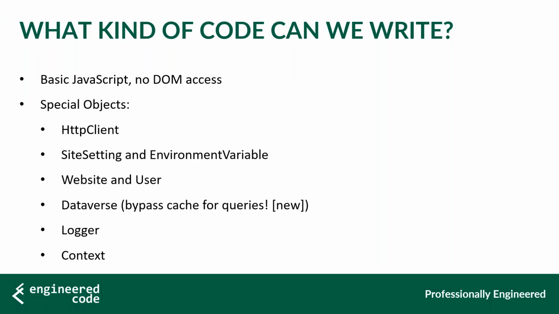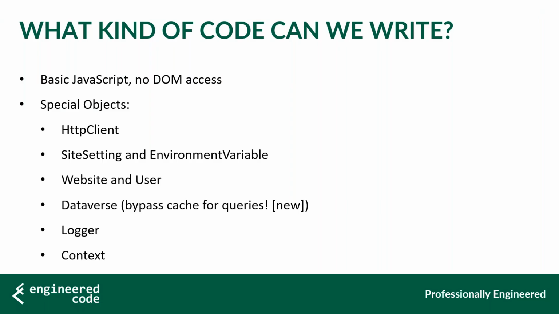So if you have a bound function or a bound custom API within Dataverse, you can actually call those through this method. So if you have a need for that, you can create your function and use that to call it.